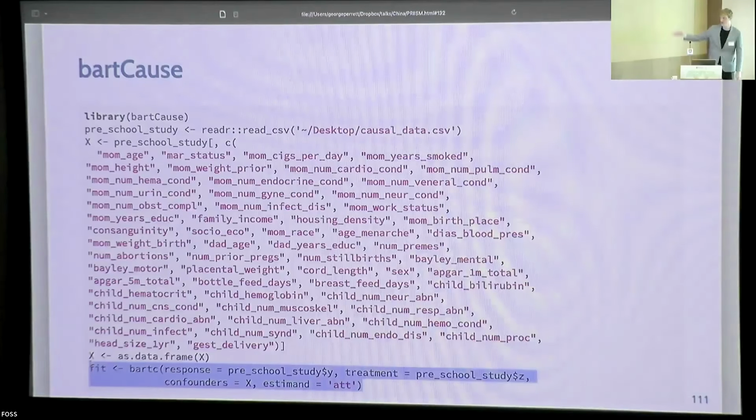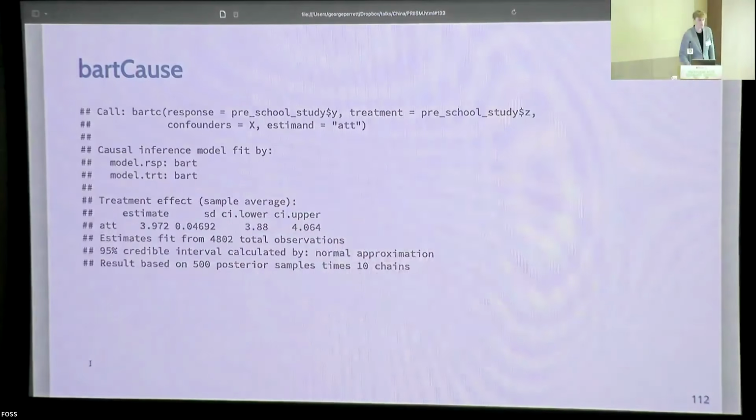So this is all the code you'd have to write to get the correct answer in our study. And it seems a little bit more complex, especially if you've never used this stuff before. Maybe you've never even used R before, and bartCause is only available in R. It's not in Stata. It's not in SPSS. So it could be a difficult time.